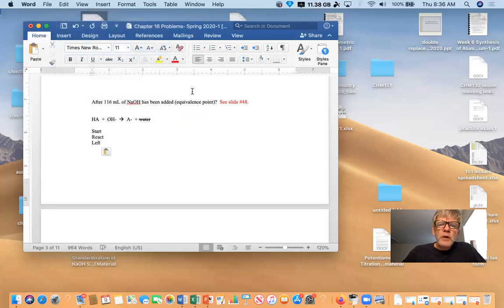And at this point, we're going to see that we're at the equivalence point. But we started with a weak acid, so at the equivalence point, we have a weak base. So we're going to do a Kb problem.